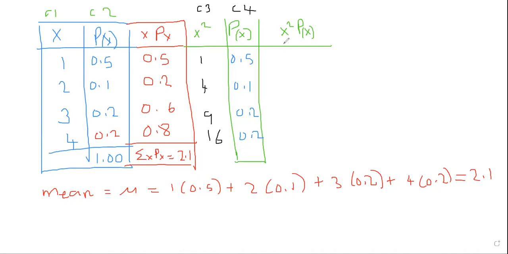Let us multiply these two to get our variance. The total is not called the variance, it's called the summation of x squared times px. So 1 times 0.5, 0.5. Colin, so we are only going to square the value of x, not the probability of x. Yes, that's the value of x. Okay.